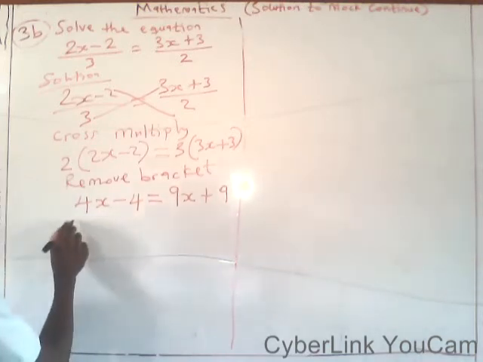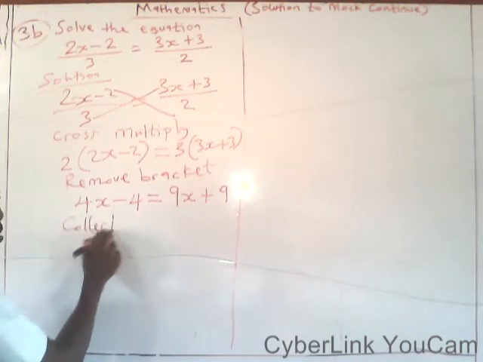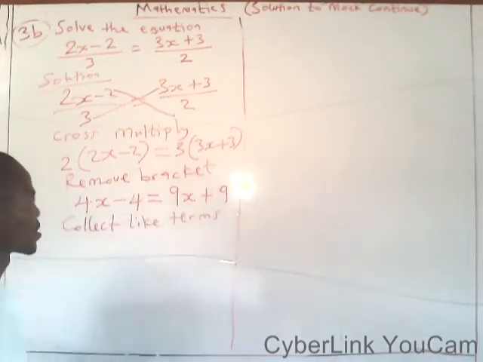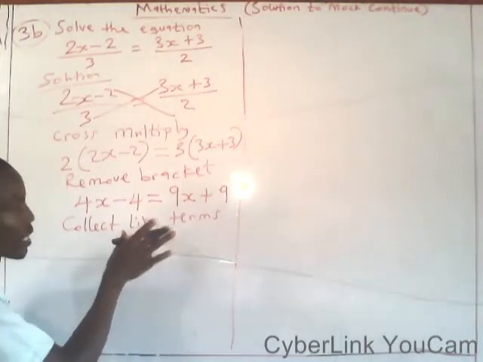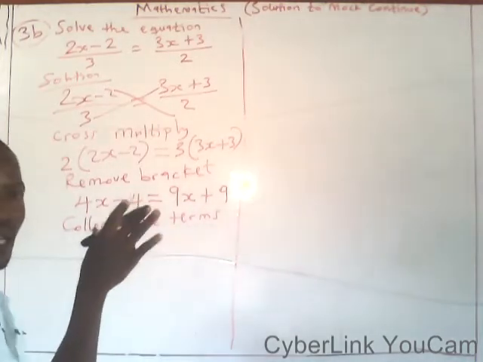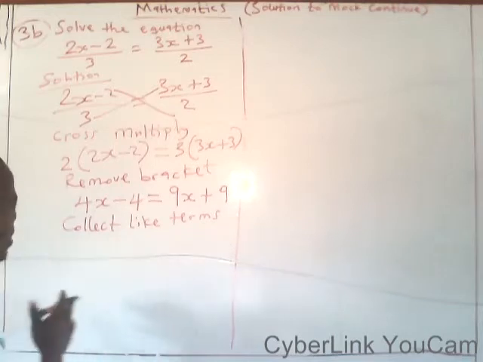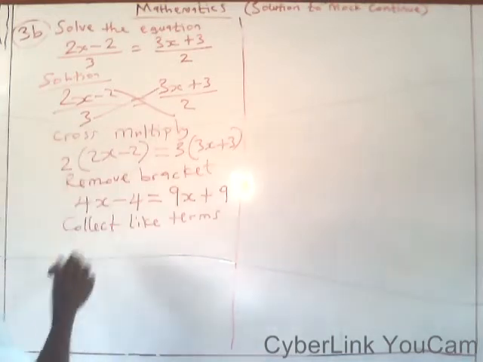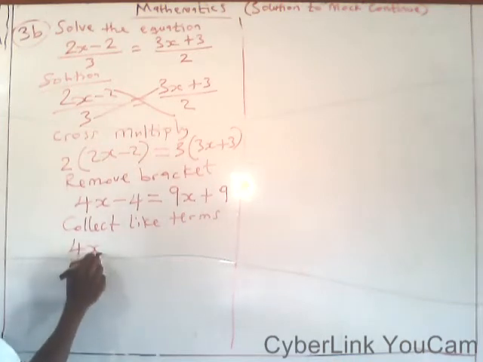Collect like terms. We want to collect like terms. That is, the terms with the letter x should be on one side, while the figures without any letter should be on the other side. Now we have 4x.